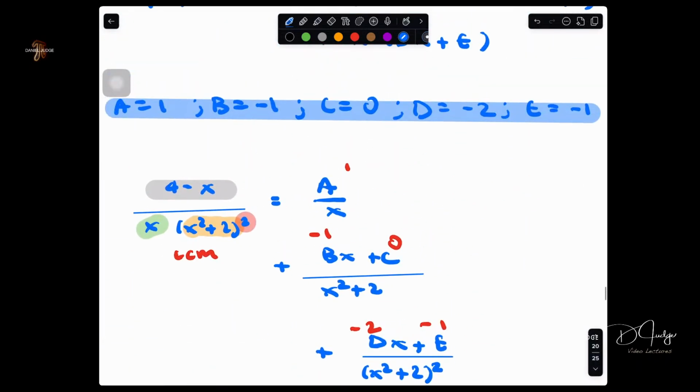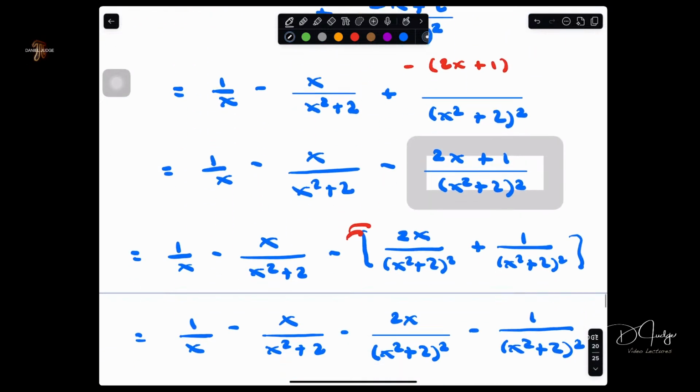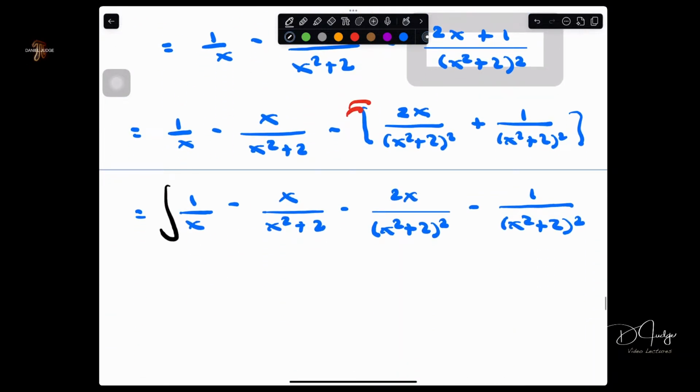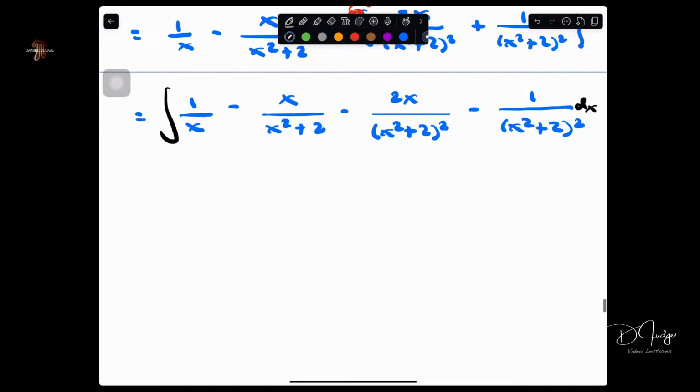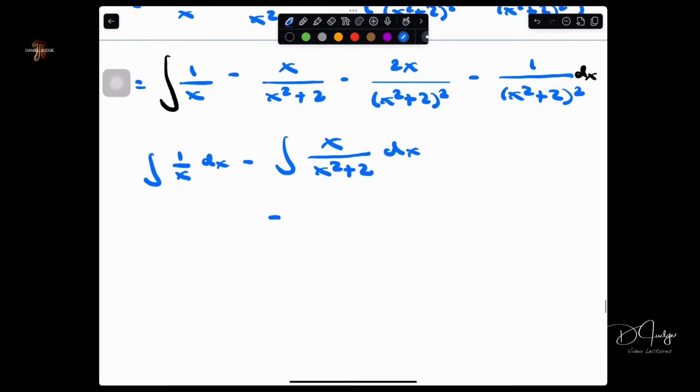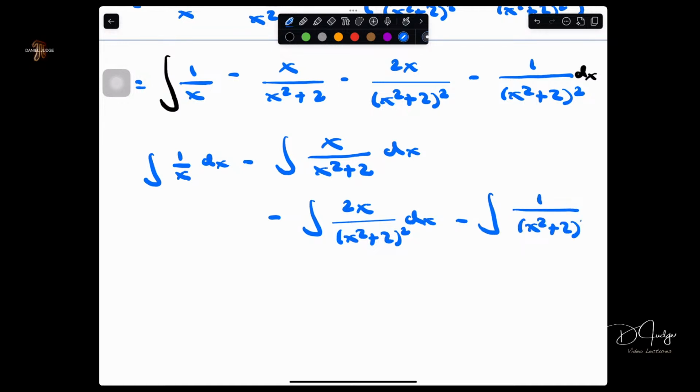So remember, the whole idea is to integrate this. What you end up getting is the integral of 1 over x dx, minus x over x squared plus 2 dx, minus 2x over x squared plus 2 squared dx, minus the integral of 1 over x squared plus 2 squared dx.